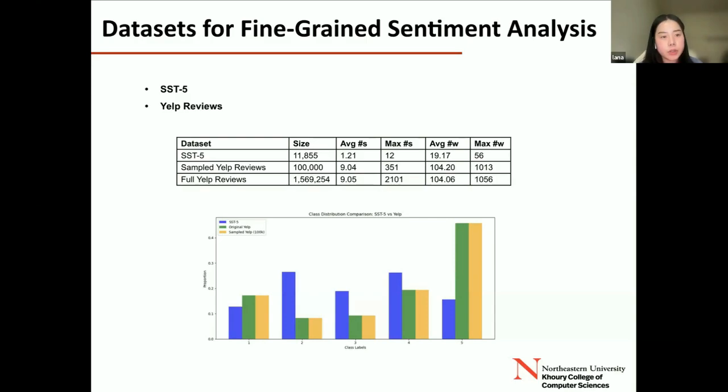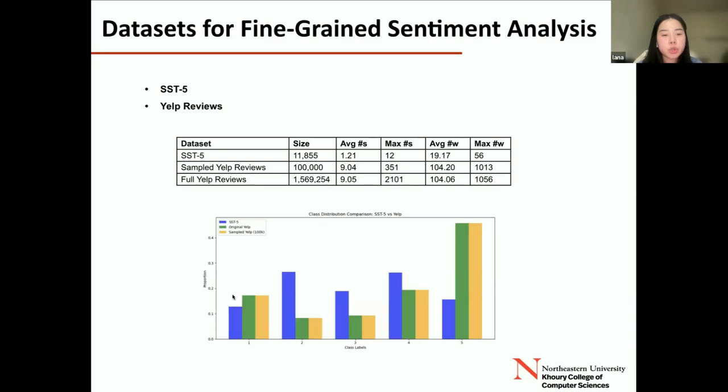The next dataset we use is the Yelp Reviews dataset, and the full Yelp Reviews dataset actually contains more than 1,500,000 data entries. These average about 104 words per review, with multiple sentences in one review. Due to computational constraints, we only sample 100,000 out of more than 1,000,000 data points.